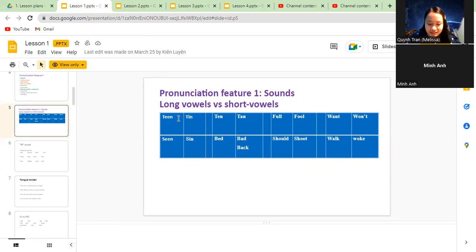Okay, so what about the words food and food? Which word is the long vowel sound and which is the short vowel sound? Food is the long sound. Again, okay.